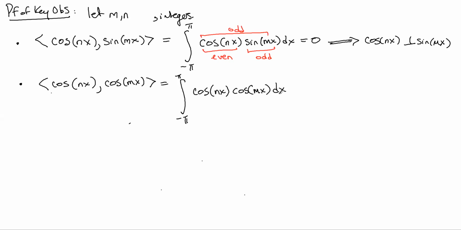Product to sum formula, exactly. So use the trig identity, the product to sum formula, to get that this is the integral from minus pi to pi of one half, cosine of (n plus m)x plus cosine of (n minus m)x dx.